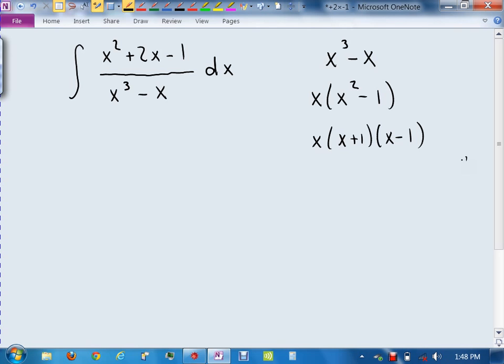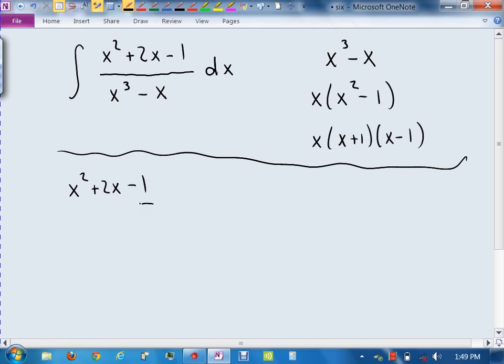So let me do my partial fraction stuff here. X squared plus 2x minus 1 over x times x plus 1 times x minus 1 should turn into, so what am I looking at in the denominator here? What do I have? 3 linear factors, right?